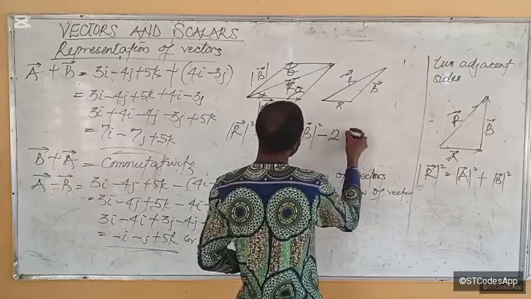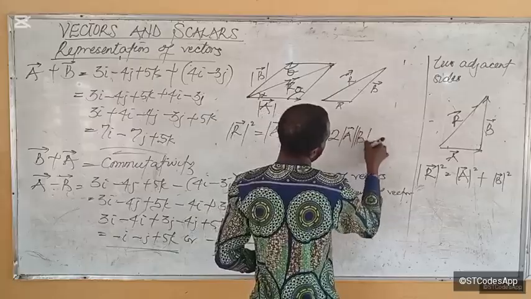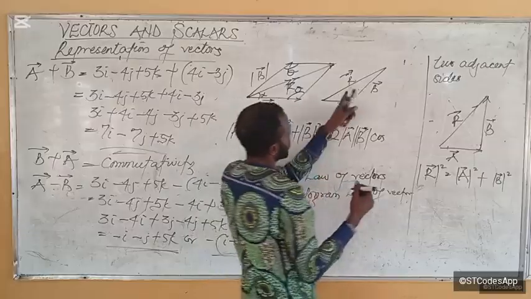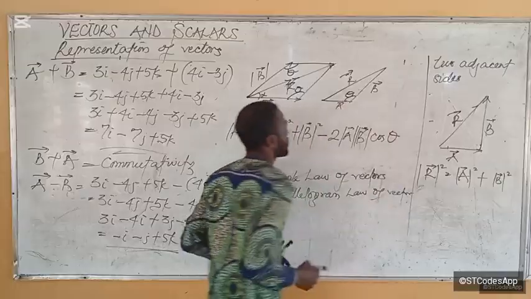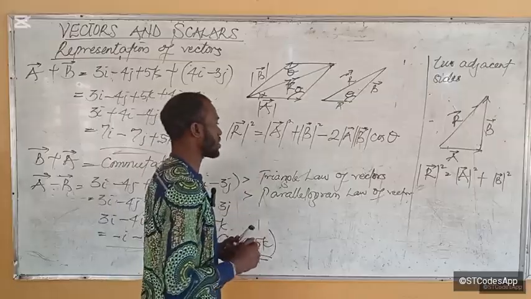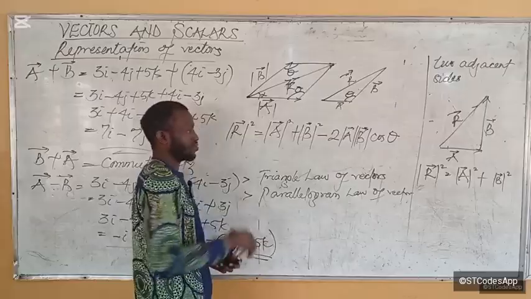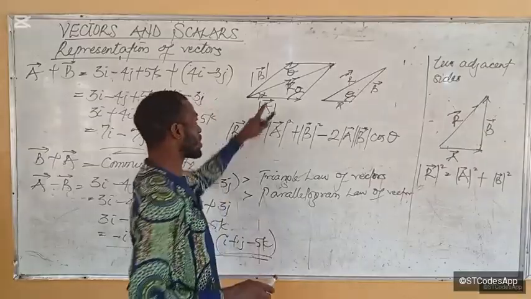To get the resultant, I'm going to use the cosine rule, which says that the magnitude of the resultant squared is the magnitude of vector A squared plus the magnitude of vector B squared minus 2 times the magnitude of vector A times the magnitude of vector B, cosine of the angle between the two sides.